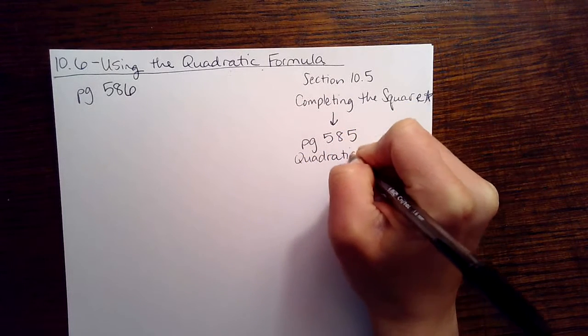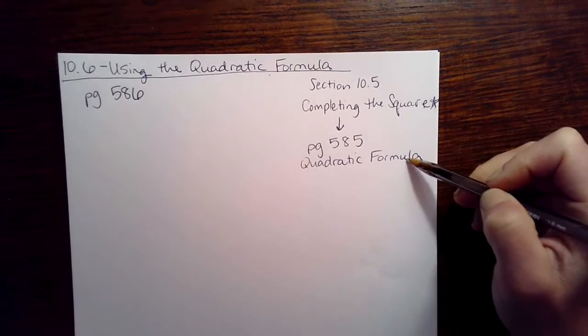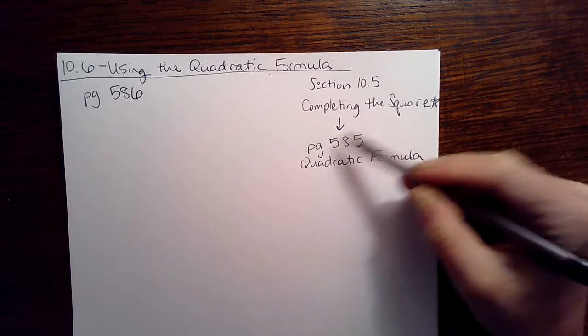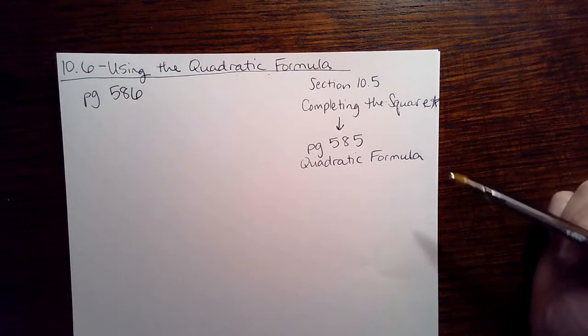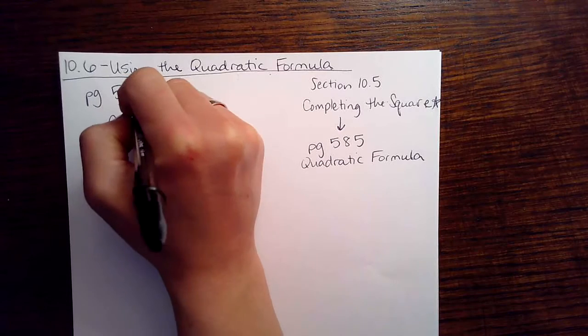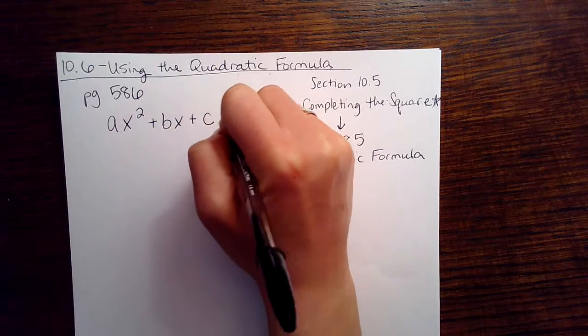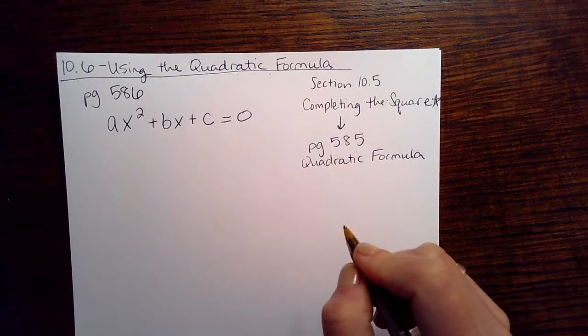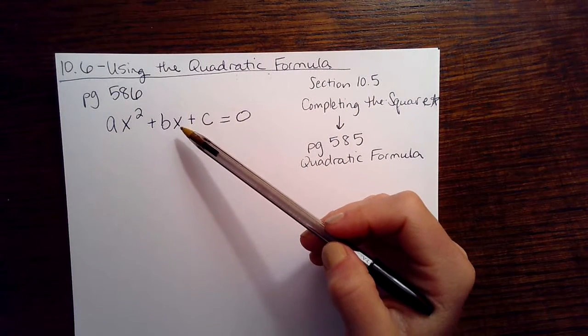We are going to skip ahead to what is the quadratic formula. Where does it come from? How we get that and how we can use completing the square to do that is all on page 585. It starts with the equation ax squared plus bx plus c equals 0, and it kind of goes backwards through.